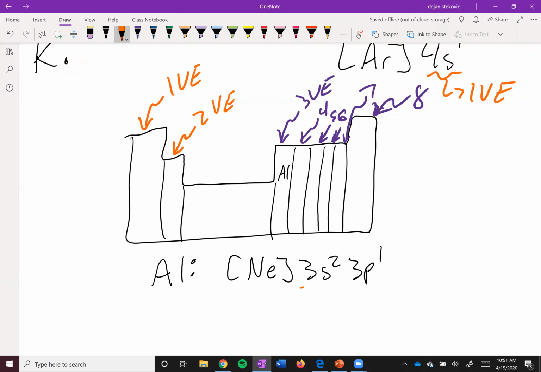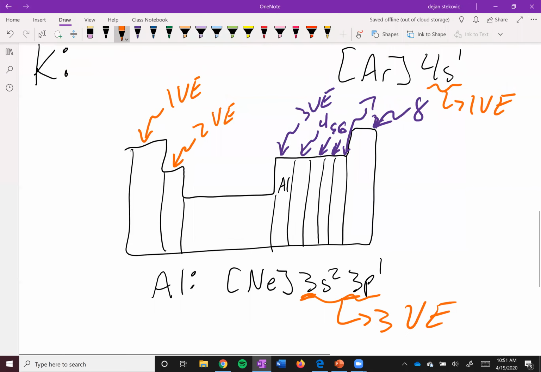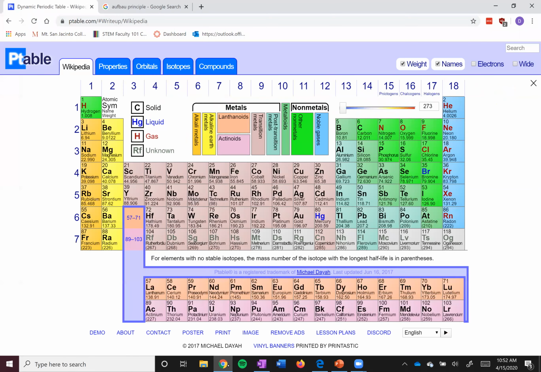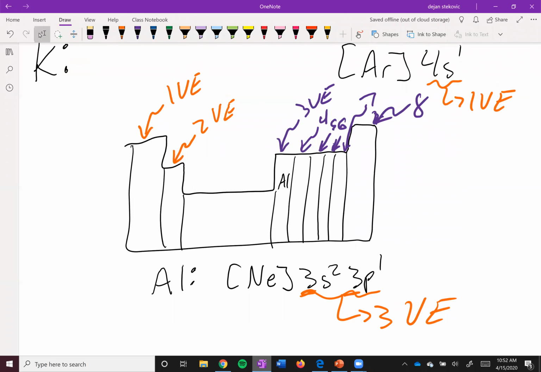How many valence electrons does this have? Well, you see they're both n equals 3, so they both count as valence electrons. So there's a total of 3 valence electrons there. So be able to tell how many valence electrons an element has based on which column it's in. And remember, for now, ignore the transition metals.